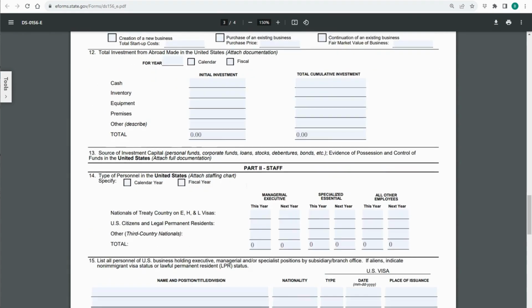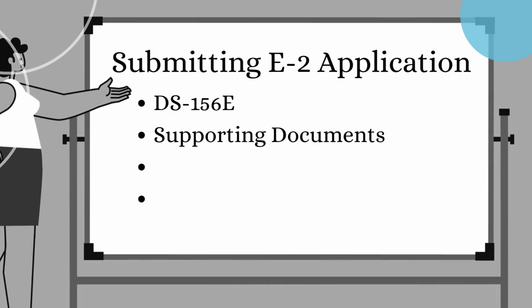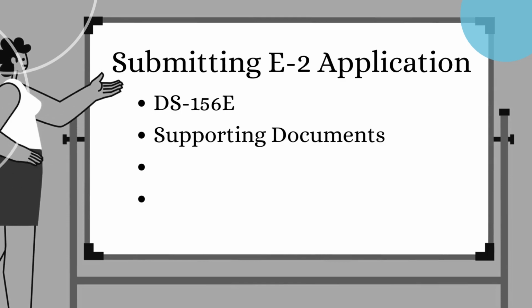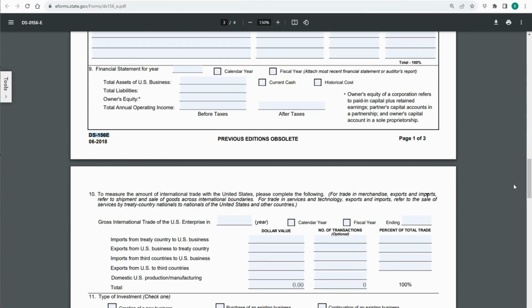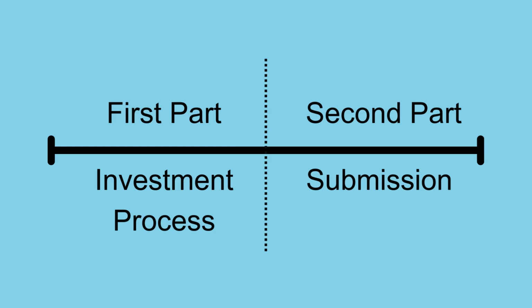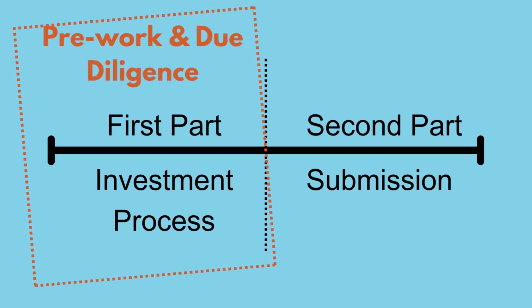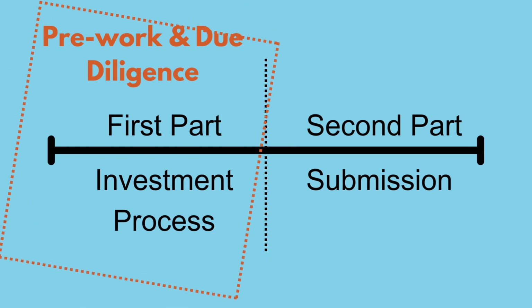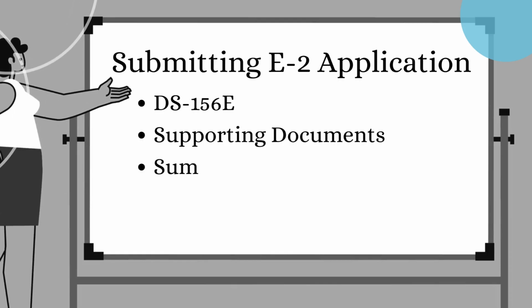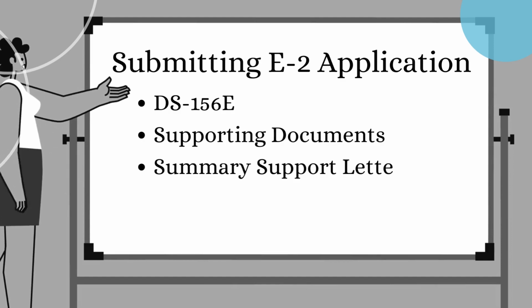This form is only 3 pages and it looks deceptively simple to fill out, but a lot of pre-work and due diligence needs to be done in advance before this form can be correctly completed and submitted. All the pre-work and due diligence is done during the investment process, which we guide clients through. When the DS-156E form is completed, supporting documents are also organized and put together.